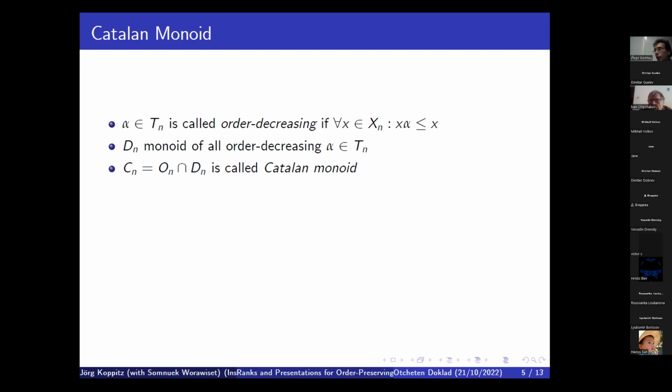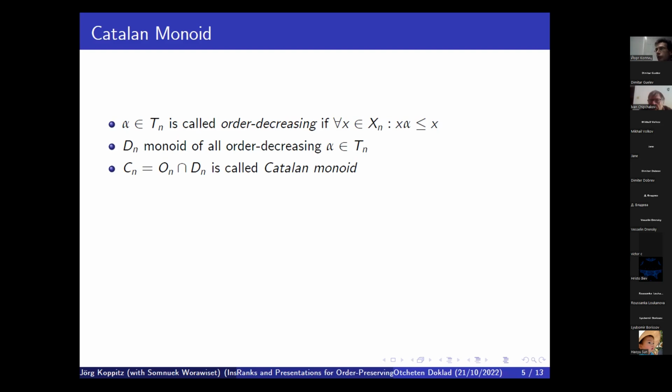This monoid of order-decreasing transformations was very well studied, for example, by Umar, a scholar, a previous student from the school in St. Andrews, by Ruskuc and Higgins, very important researchers in semigroup theory at the moment.